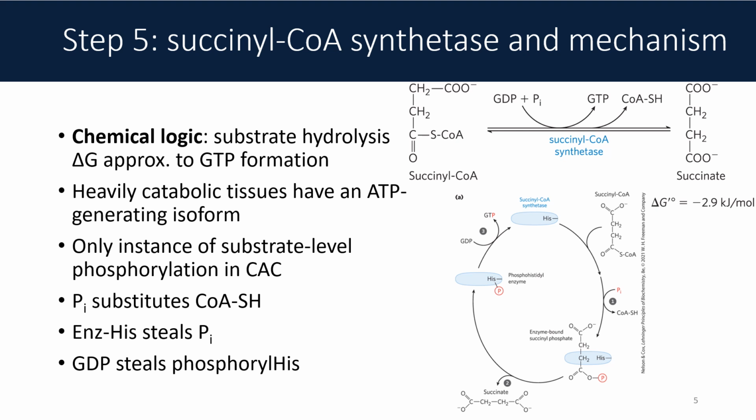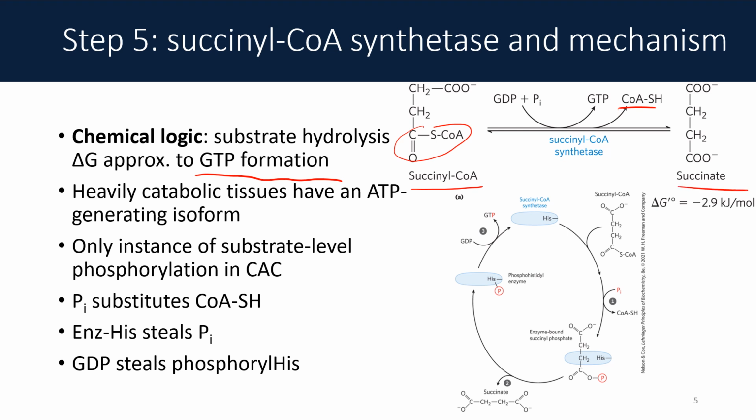Step 5, succinyl-CoA synthetase, performs the only instance of substrate-level phosphorylation within the citric acid cycle. Except here, we will be producing one equivalent of GTP instead of the ATP that you may be used to. And this enzyme achieves this by cleaving the high-energy thioester within our coenzyme A moiety, liberating it, and in the process converting succinyl-CoA to just succinate.